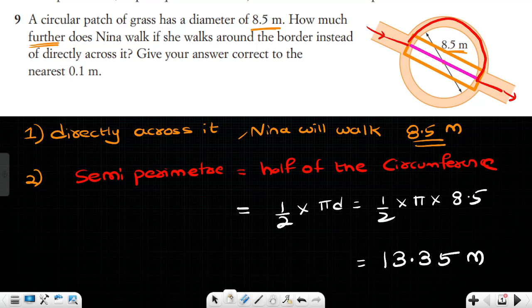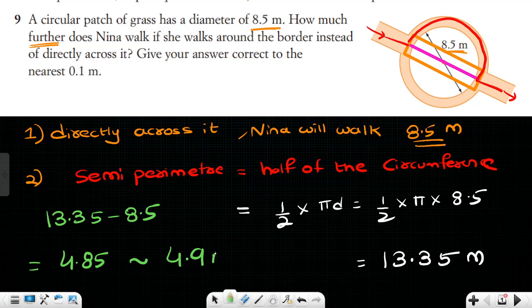Now we want how much further she would have walked, correct? So 13.35 minus 8.5. You will be getting 4.85, and they ask for the nearest 0.1 meter, so you will be getting the answer as 4.9 meters.